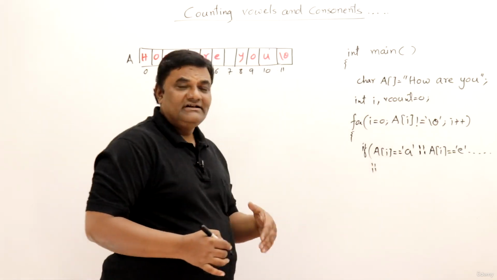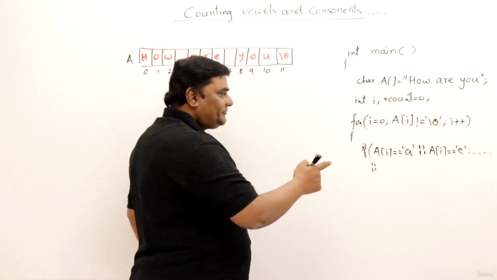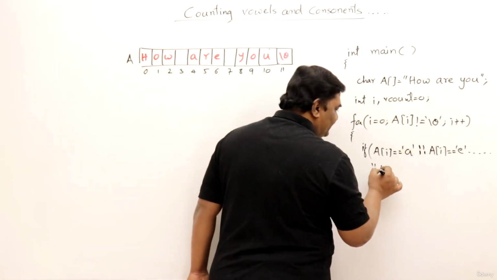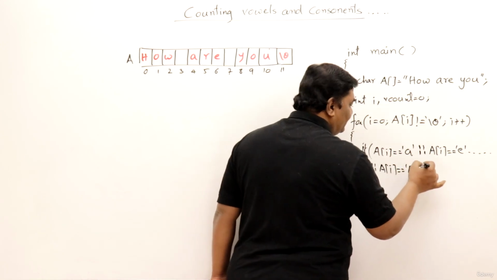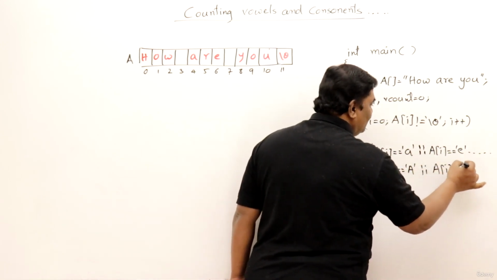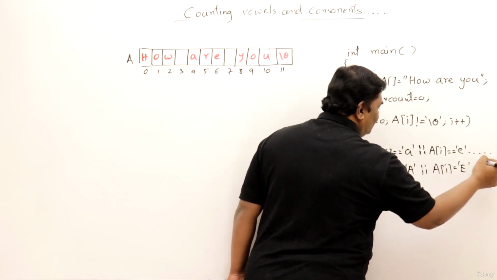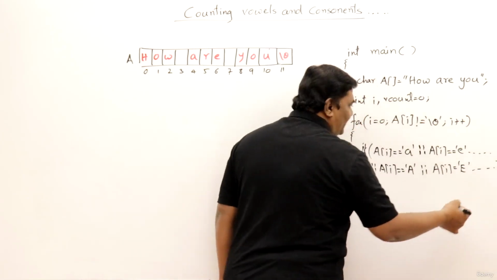So OR means it's A or E or I, right? You can write in lowercase, and for capital letters also I should take them, capital A or E and so on. So this is for lowercase and uppercase. So many conditions I have to write.